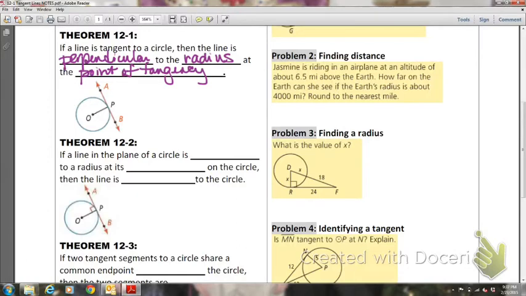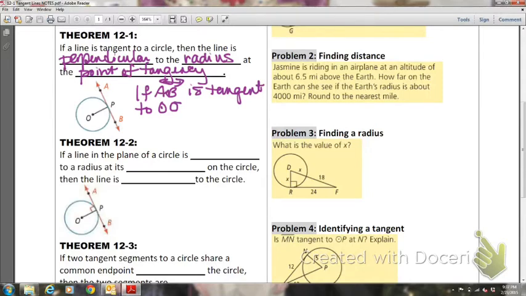Here we have line AB. So if line AB is tangent to circle O, and this is how we're going to name the circle, you use the symbol for a circle, which is the circle with the dot in the middle, and then you name it with its center.